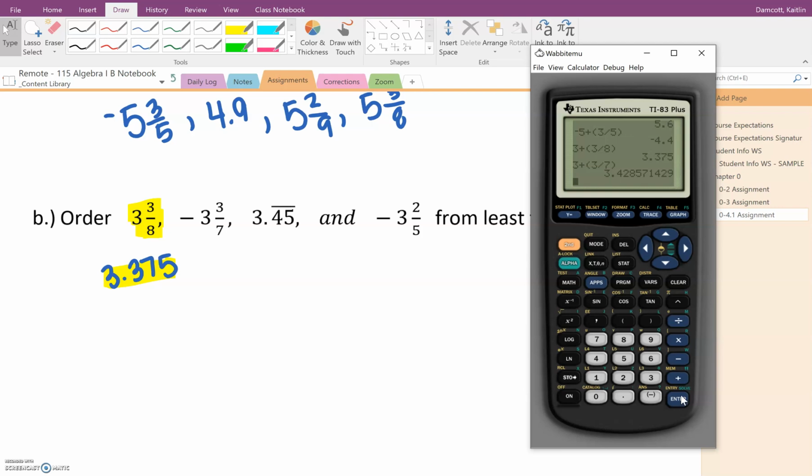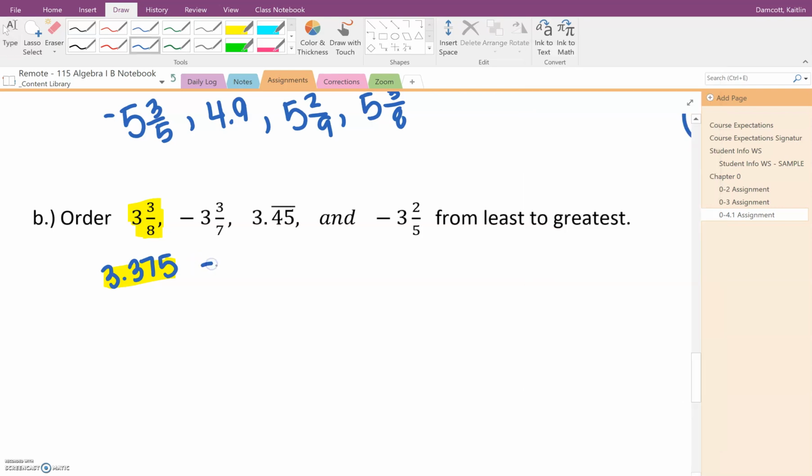So we have to remember to put the negative in there, and we've got 3.428571429. So this -3 3/7 is that decimal. Ugh. Thank goodness for the next one.